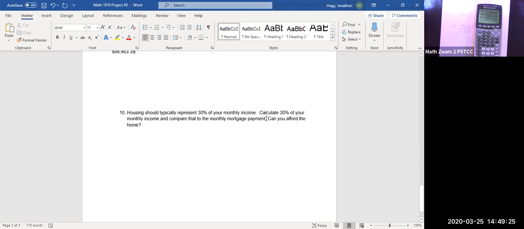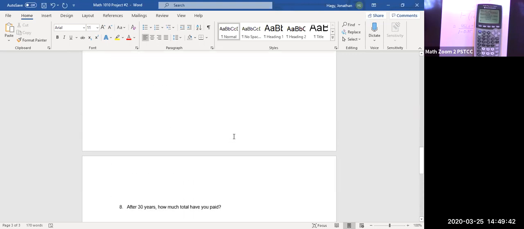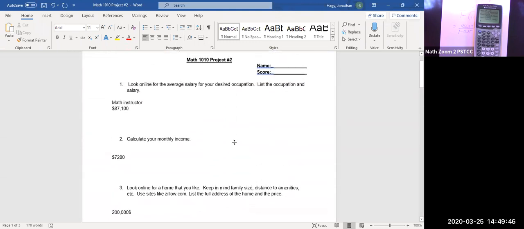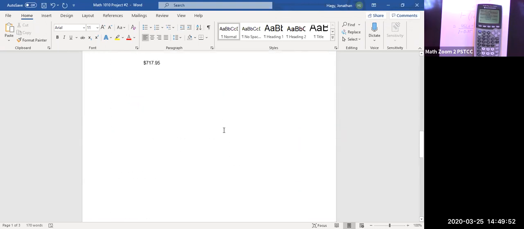Now the final question is whether or not we can afford the house we've chosen. Housing should typically represent 30% of your monthly income. Calculate 30% of your monthly income and compare that to the mortgage payments. Well, back in question number 2, we have our monthly income here, $7,280 in my case.